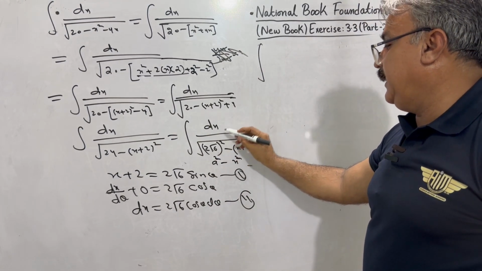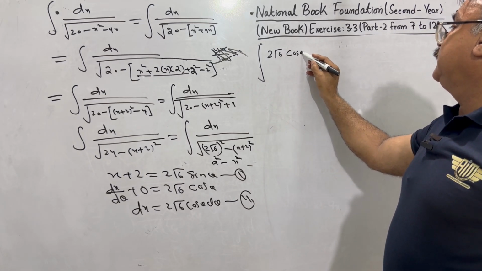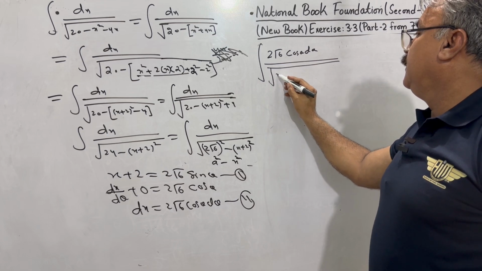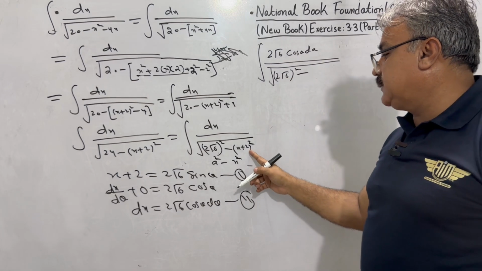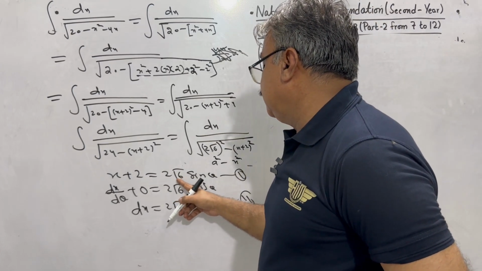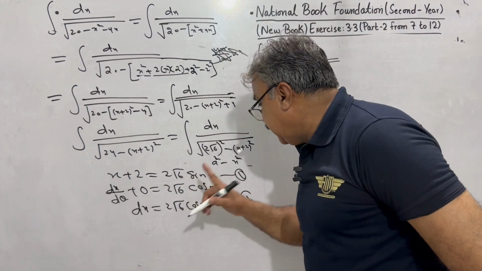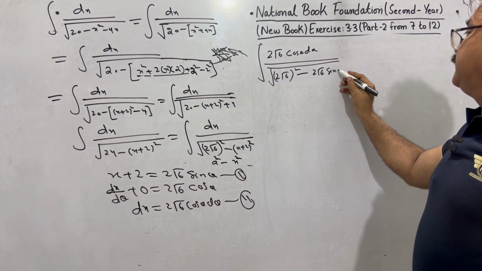It will become, instead of dx, 2 times root 6 cos theta d theta overall root of 2 root 6 square minus, instead of x plus 2, I can write 2 times root 6 times sin theta.